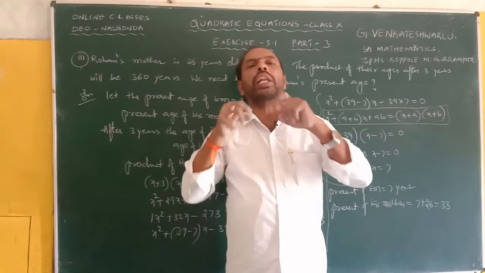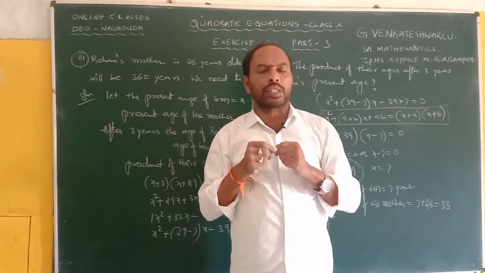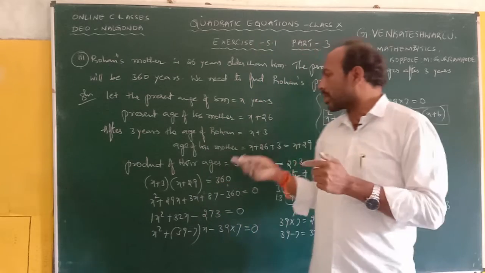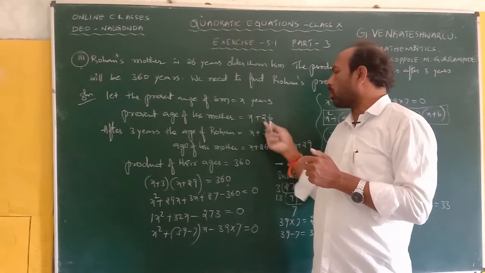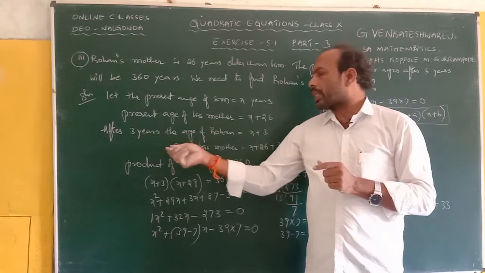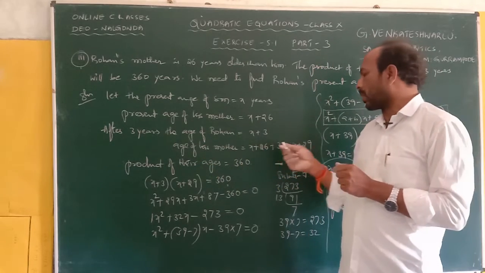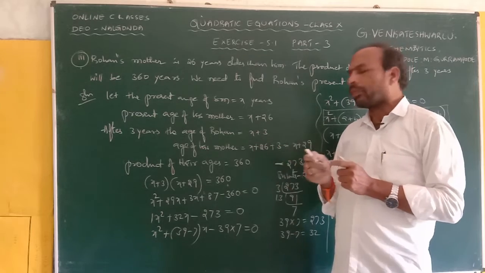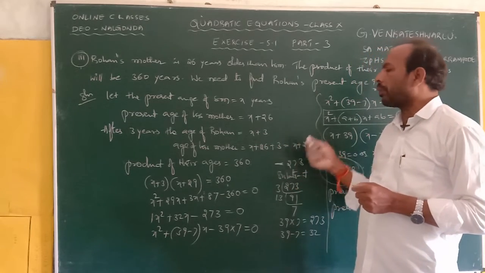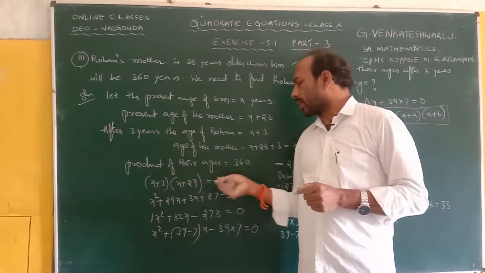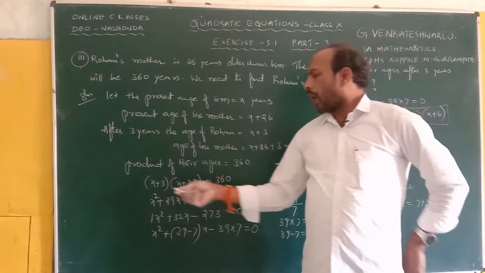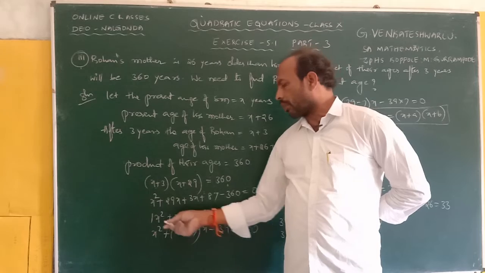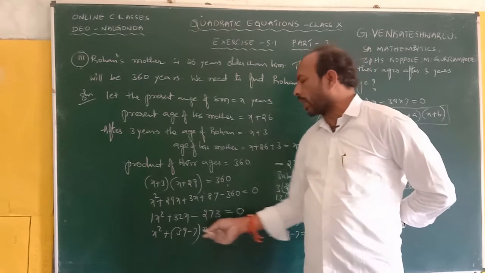After 3 years means 3 years is added to the son's age, and to the mother's age, so it becomes x plus 29. The product of these two ages is equal to 360. After multiplying these two binomials, we obtain a quadratic equation.